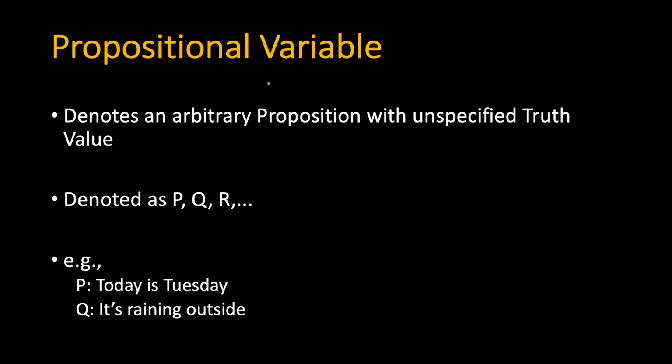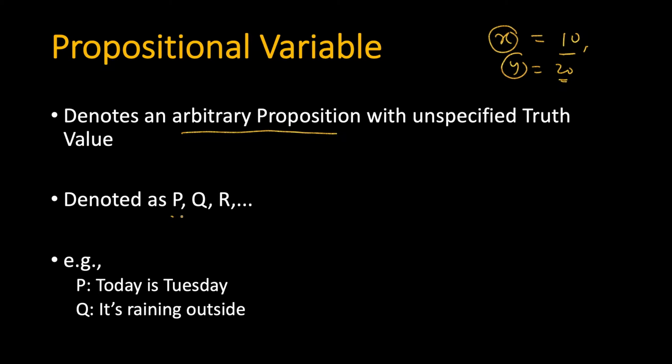Just like normal variables, in maths we study these normal variables to which we assign some value like x equal to 10 or y equal to 20. So these are just placeholders and we associate a value to them. Similarly, in propositional logic, we have propositional variables to which we can assign any arbitrary proposition.